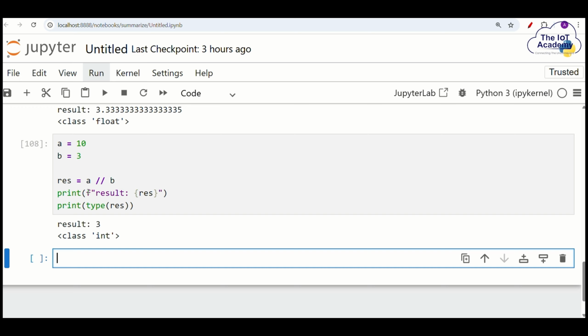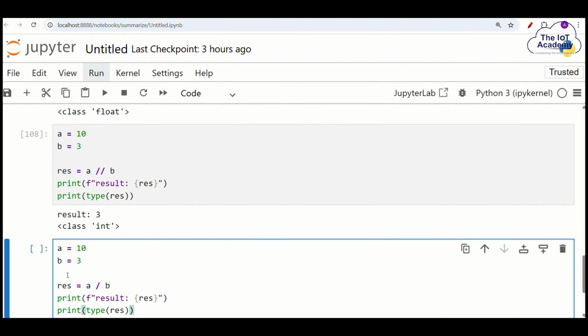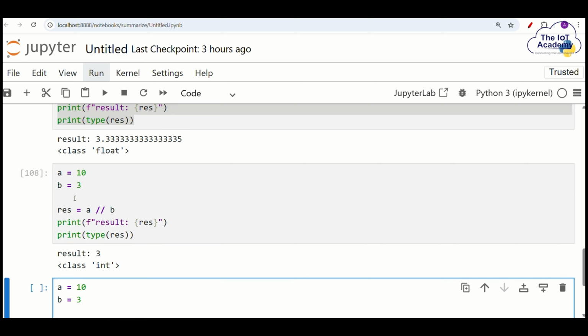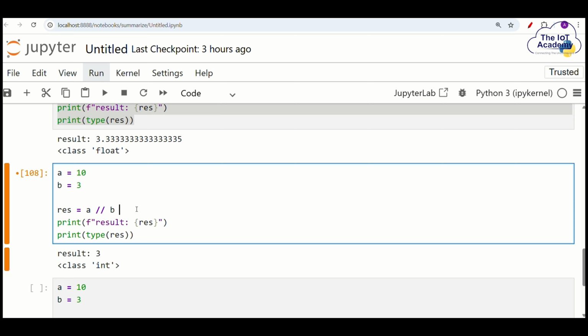All right, you can also do a remainder, which is done through a modulus operator. The modulus operator is this. This, by the way, is called, let me write this down, floor division.